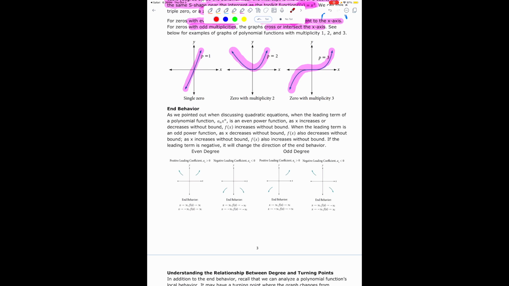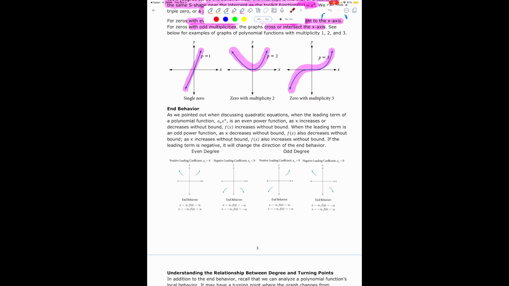So another observation of the behavior of the graph of the polynomial functions, the end behavior. The end behavior is going to help us combine with what we learned about the zeros and their multiplicities to graph the polynomial functions.